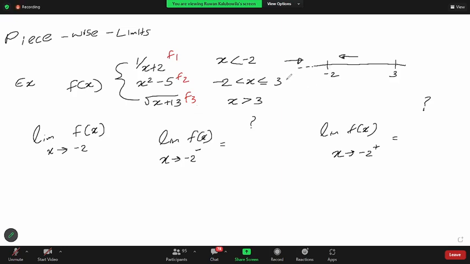So now tell me, which function do I need to use to compute the limit when I'm coming from the negative end to -2? Which function needs to be considered? There are three functions because these are piecewise functions.